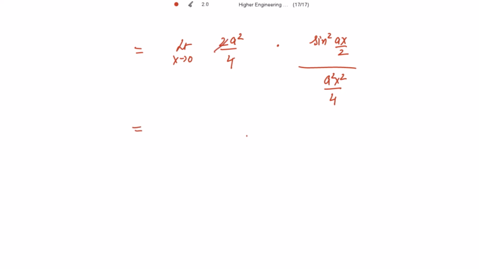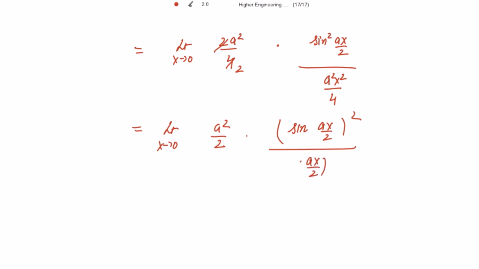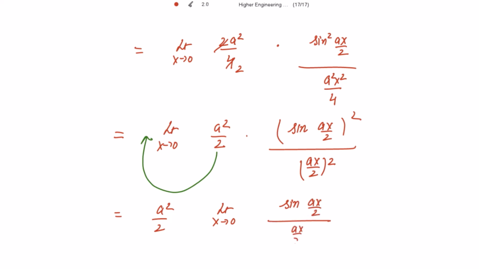So this cancelled out. We get here a square by 2, and I can write the numerator as (sine of ax by 2) whole square and the denominator as (ax by 2) whole square. Taking this outside of the limit, we get a square by 2, limit x tends to 0 of (sine of ax by 2 divided by ax by 2) whole square.